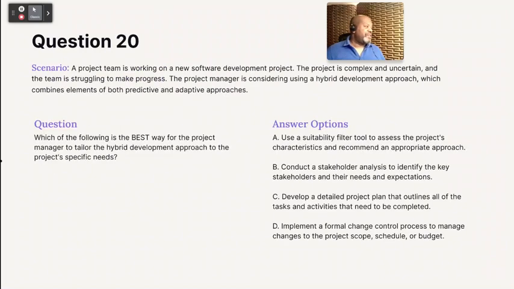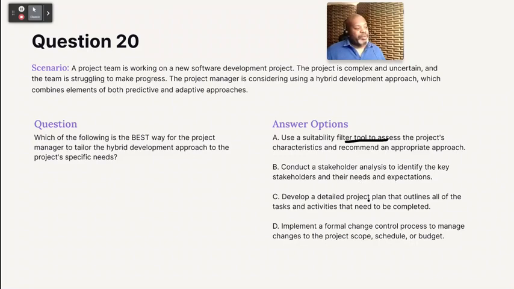And now to the last one. Which of the following is the best way for the project manager to tailor the hybrid development approach to the project's specific needs? We can use a sustainability filter tool like that. Conduct a stakeholder analysis to identify the key stakeholders and their needs and expectations.